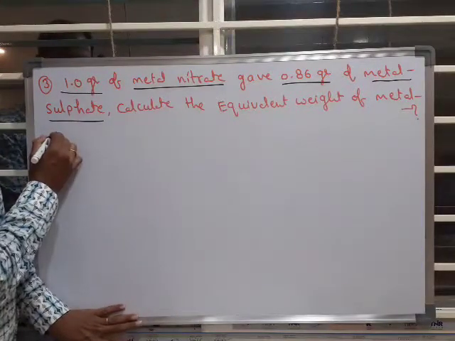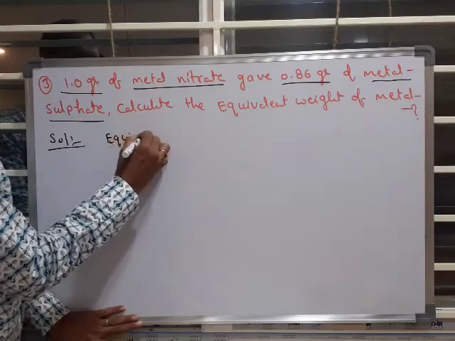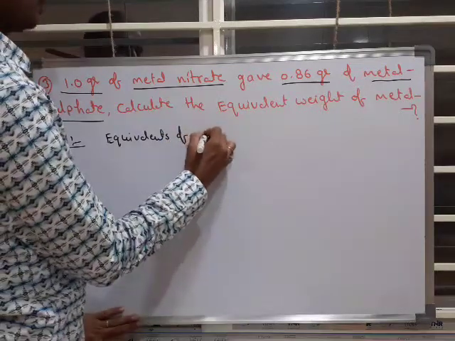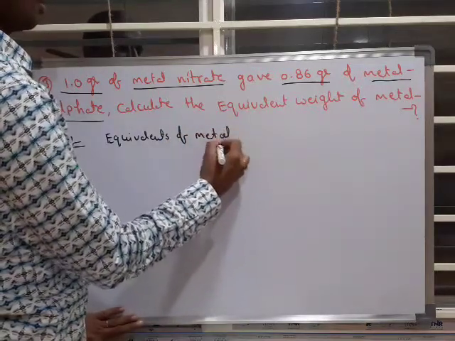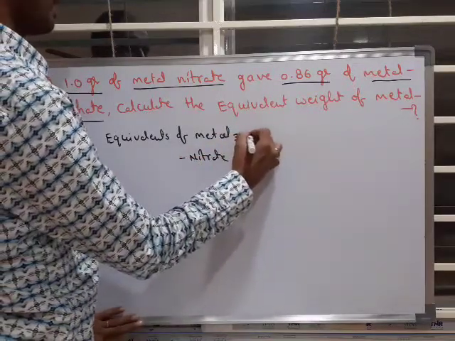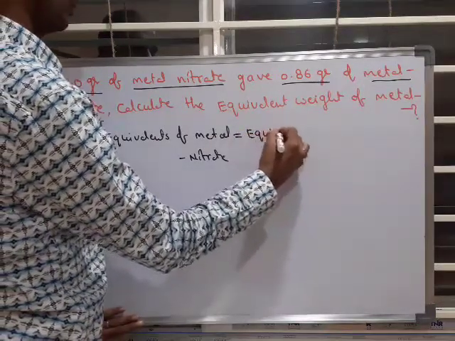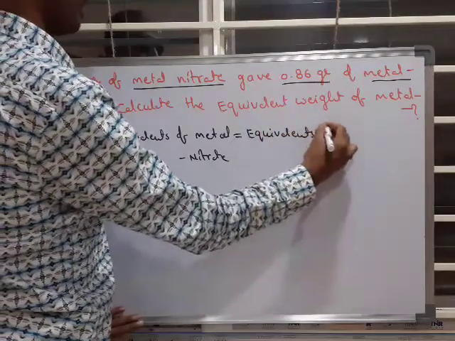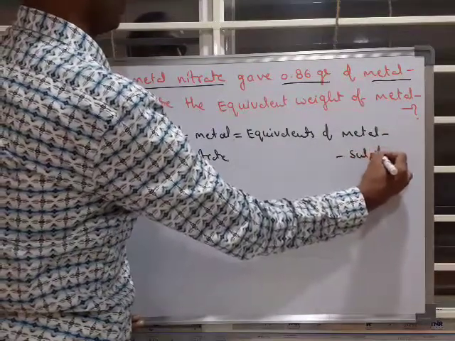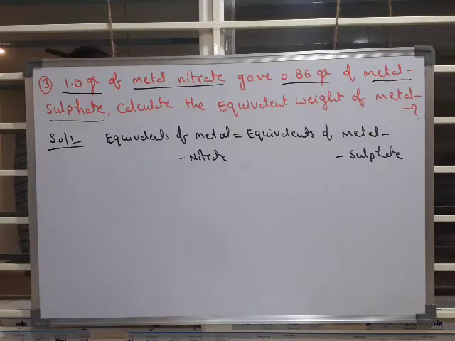So we can write the formula: equivalents of metal nitrate is equal to equivalents of metal sulfate, because nitrate is changed to sulfate.